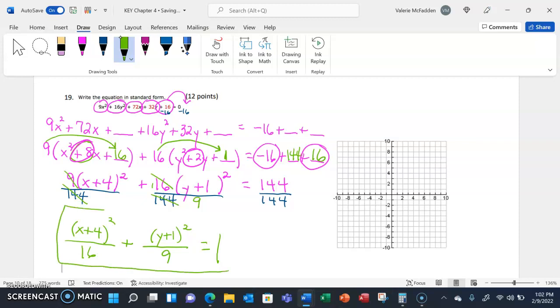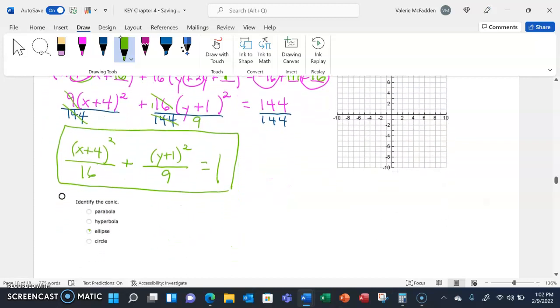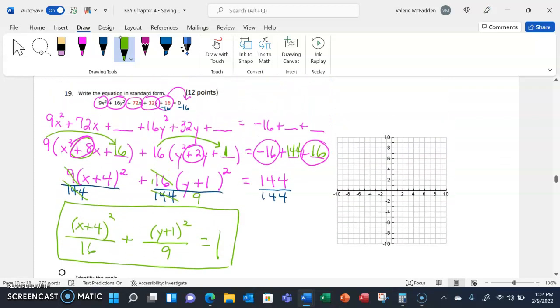That is the standard form. Now we're going to identify it. It is an ellipse, and we know it's an ellipse because we have a plus in between our x squared and our y squared, and our coefficients on the x squared and the y squared are different.